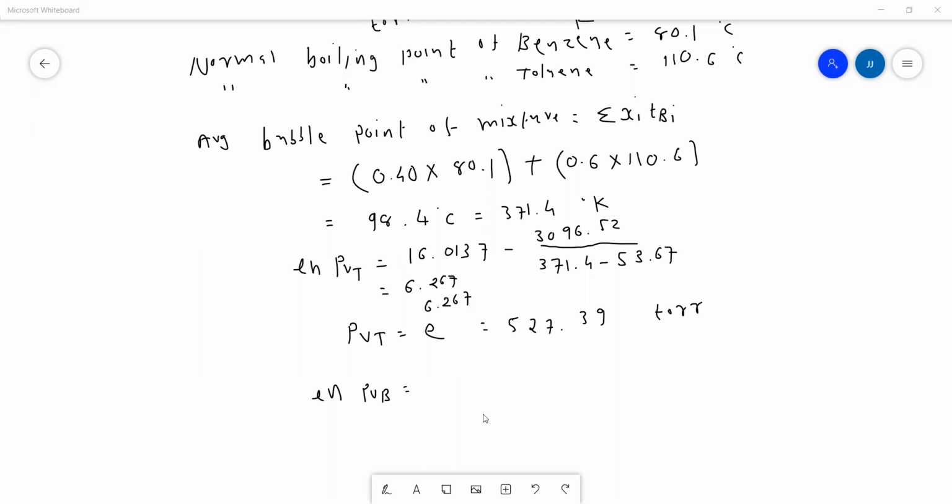We have determined the vapor pressure of o-xylene as 527.39 torr.